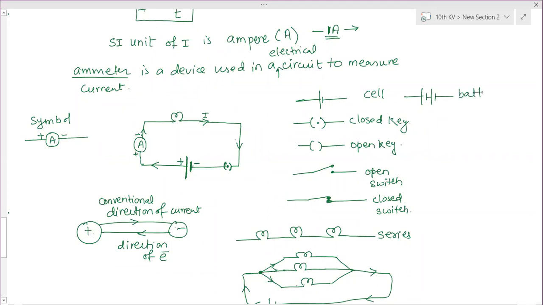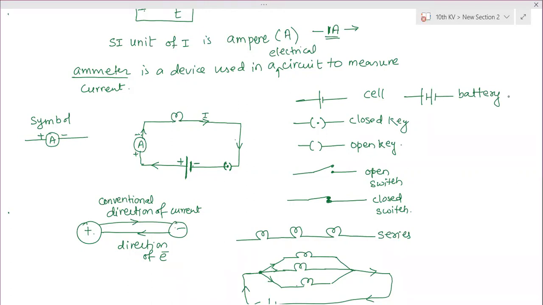What is the difference between a battery and a cell? A battery is a group of cells connected. Yes, when more than one cell is connected in series with the other cells, that combination is called a battery. And a cell is a single one, with one positive and one negative terminal.